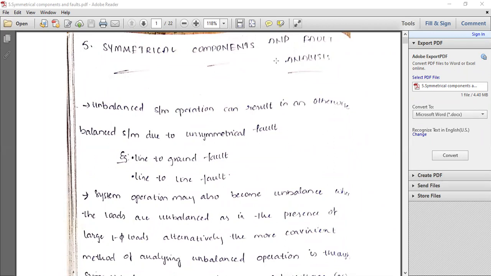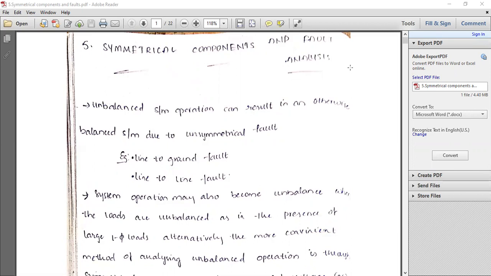These are very, very important. That's why we compared symmetrical fault analysis with unsymmetrical fault analysis. Even though the chapter name is symmetrical components and fault analysis, this is completely unsymmetrical fault analysis. Please do remember this point. This is a very, very important one.